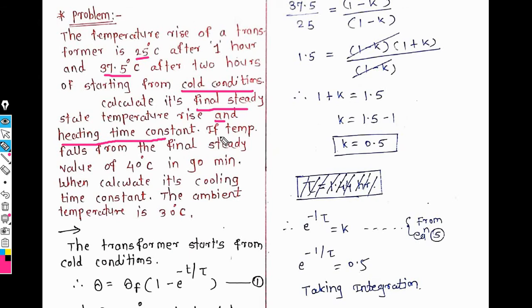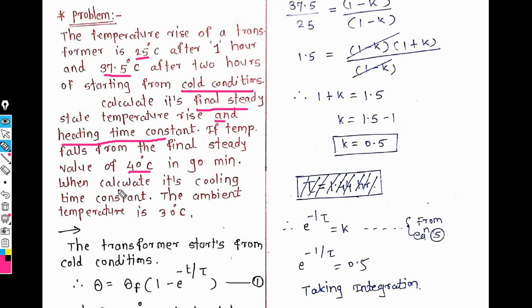Now if the temperature falls from the final steady state value of 40 degrees Celsius, that means the temperature decreases from the maximum limit of 40 degrees Celsius and requires 90 minutes.